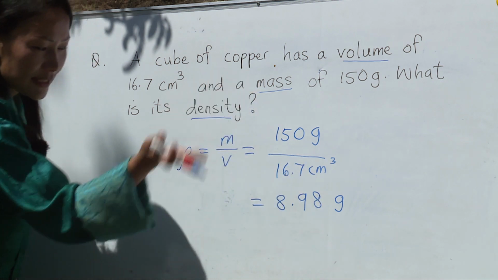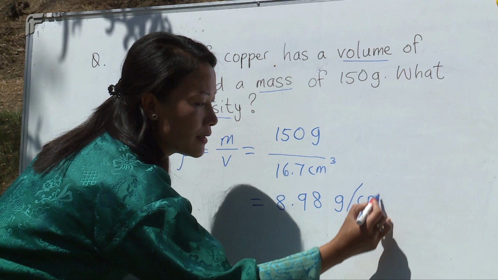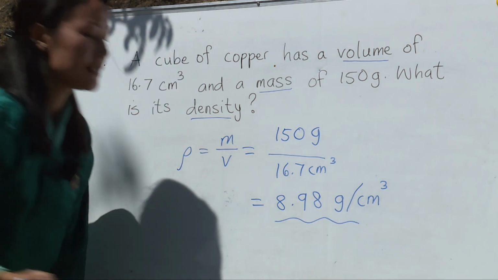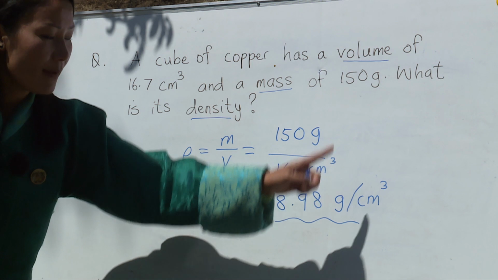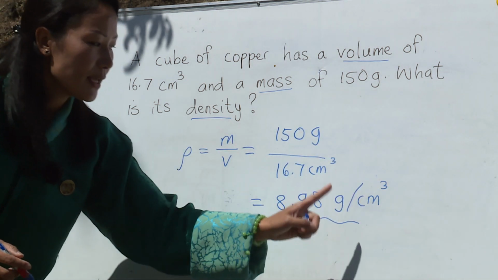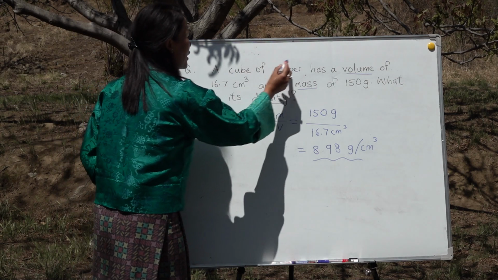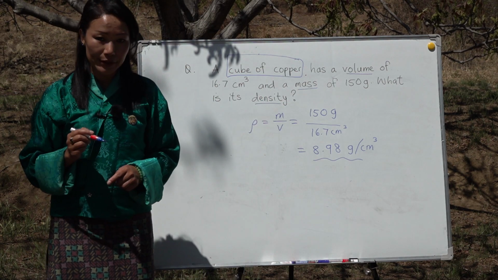Centimeter cube is in the denominator. When you take it up, it becomes per cubic centimeter. So this is the density. How much? 8.98 gram per cubic centimeter is the density of a cube of copper.